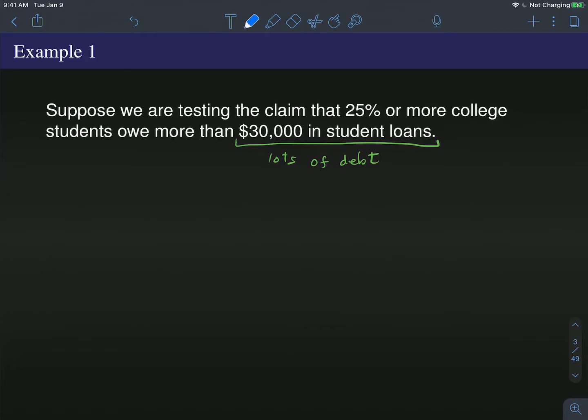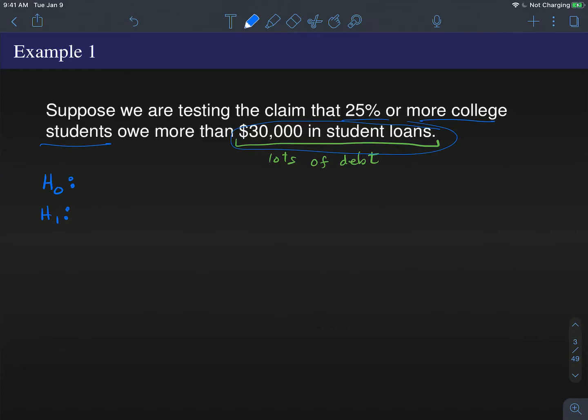We'll write out our hypotheses. That's always our first step. Write out our null and alternative hypotheses, and then we'll describe what a type 1 and a type 2 error end up being. So keep in mind, we're testing a claim that 25% or more of college students have a certain characteristic, and that characteristic is having lots of debt.